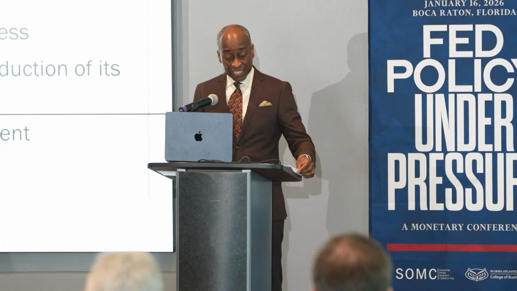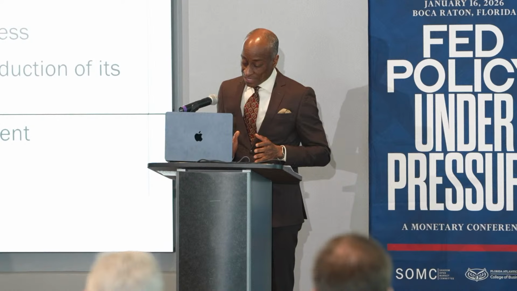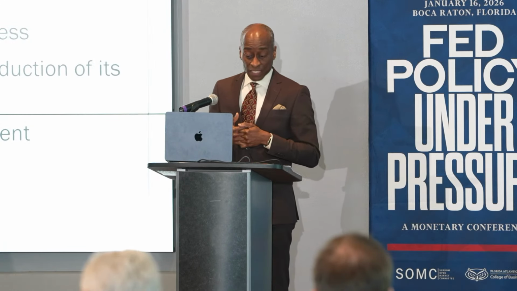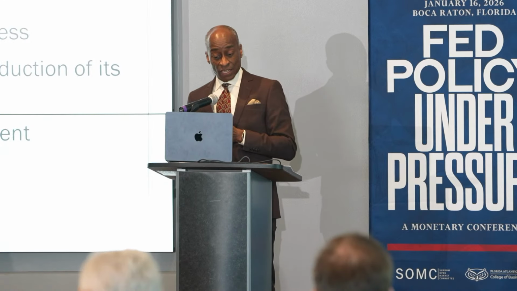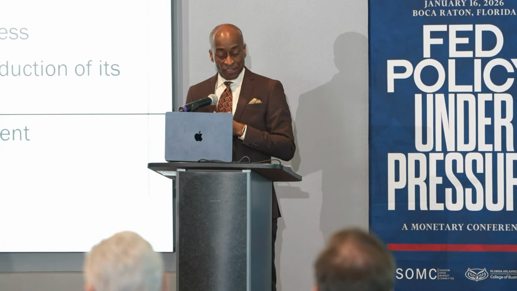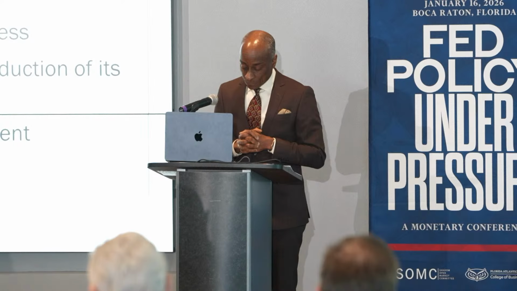As the balance sheet shrank over the next few years, the federal funds rate remained about 7 basis points below the interest rate on reserve balances for most of this period.